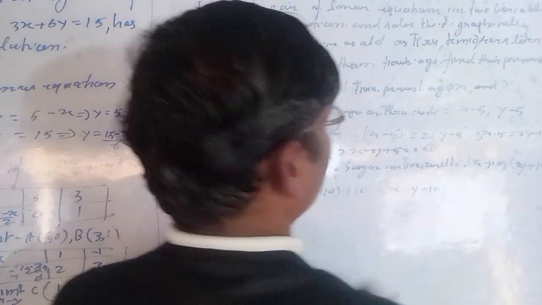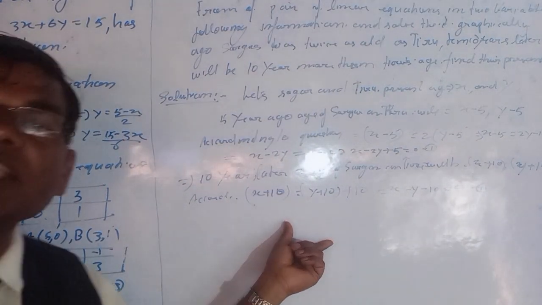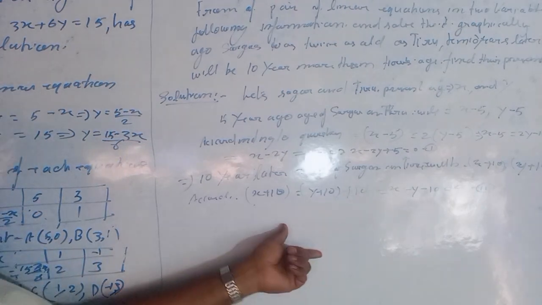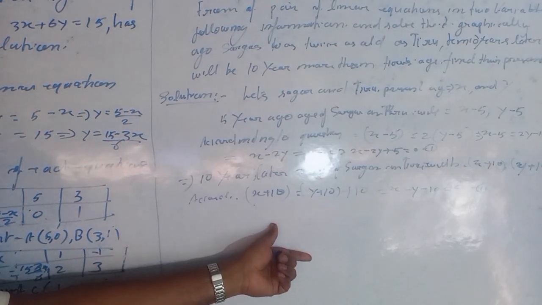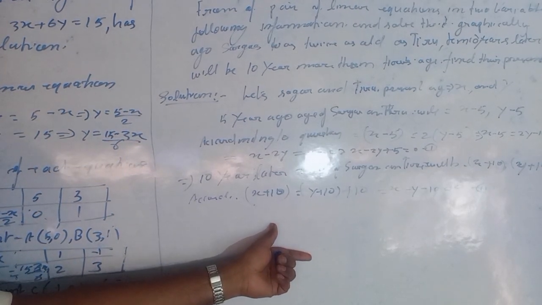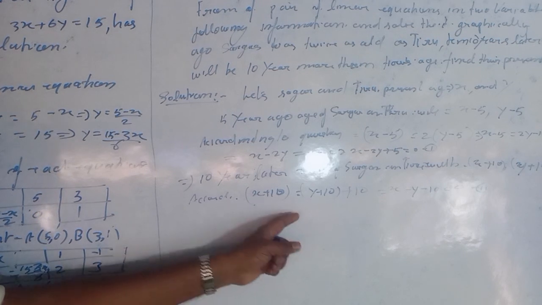Second equation. Okay, so both equations we have found here. Now, according to both equations, we have x minus y minus 10 is equal to 0.